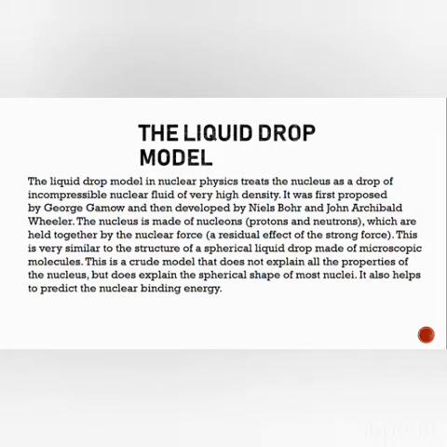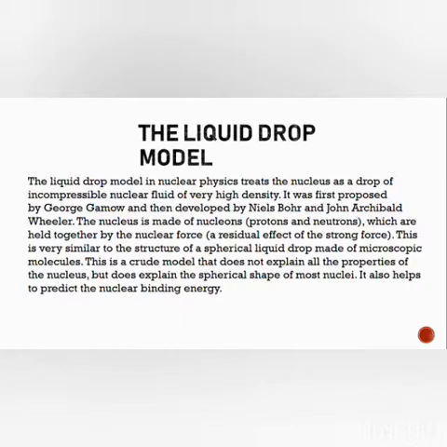The liquid drop model. In this slide, we will discuss the liquid drop model. In nuclear physics, the liquid drop model treats the nucleus as a drop of incompressible nuclear fluid of very high density. This theory was first proposed by George Gamow and then later developed by Niels Bohr and John Archibald Wheeler.